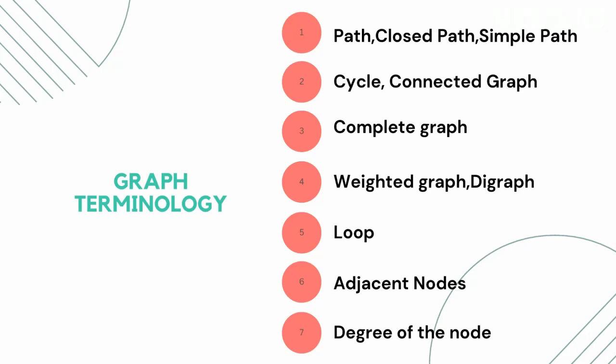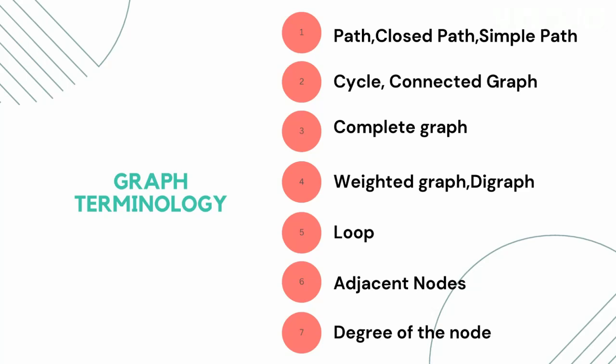A path can be defined as a sequence of nodes that are followed in order to reach some terminal node V from the initial node U. A closed path is a path whose initial node is the same as the terminal node, that is, V0 equals Vn.